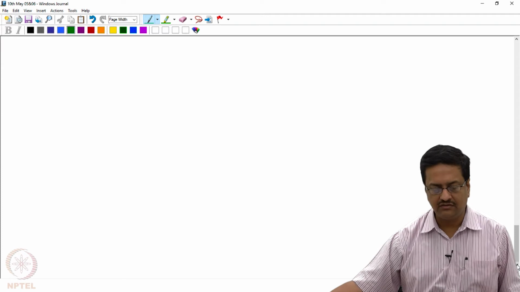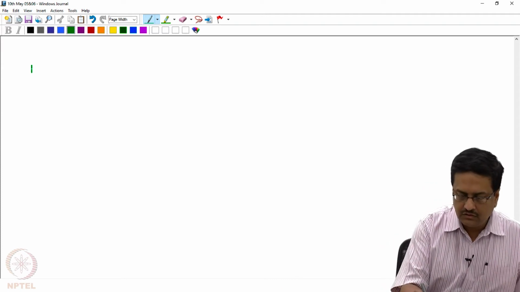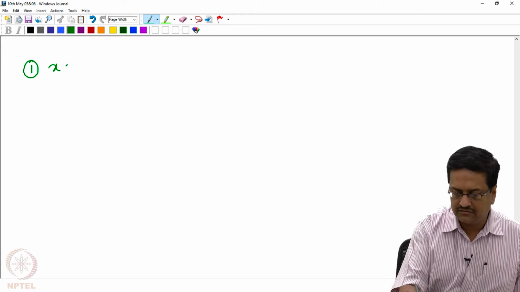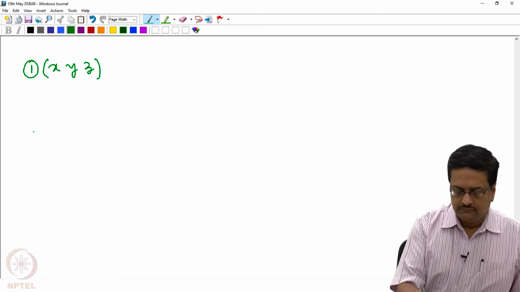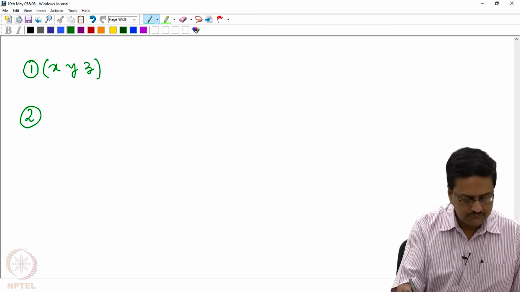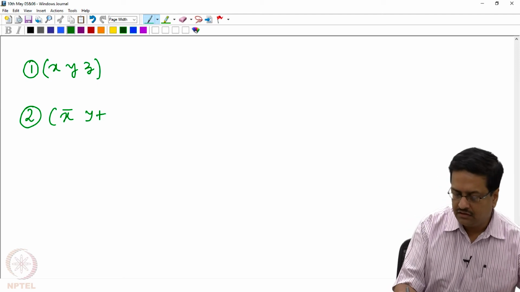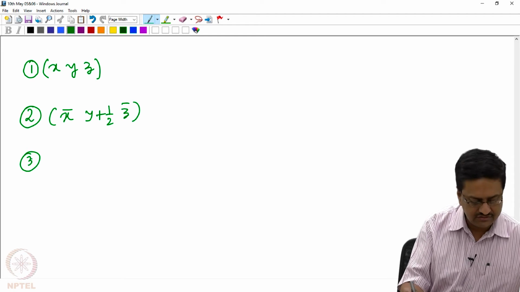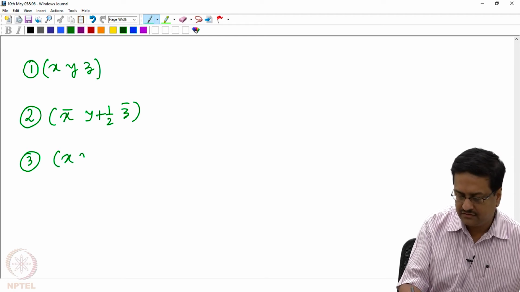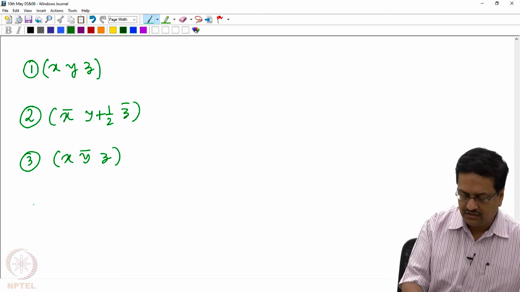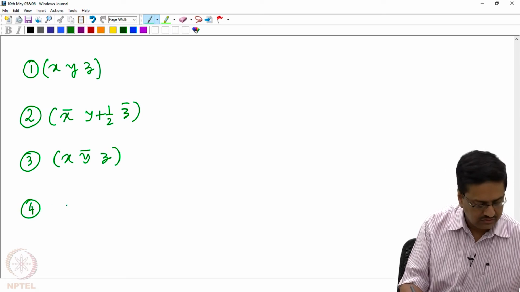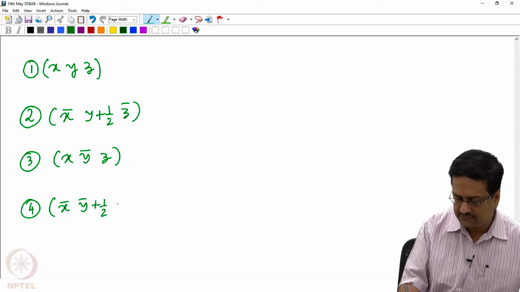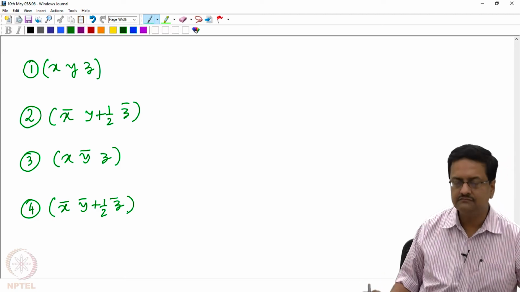What are the 4 points that we have got? The points are x, y, z; x bar, y plus half, z bar; point number 3 is x, y bar, z; and point number 4 is x bar, y bar plus half, z bar.